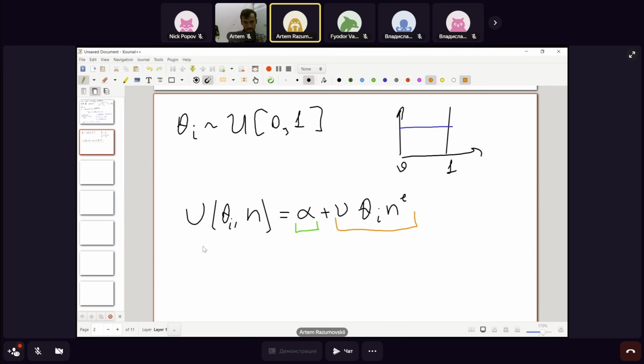So how can we think about this? What utility would I get if n other users would join?